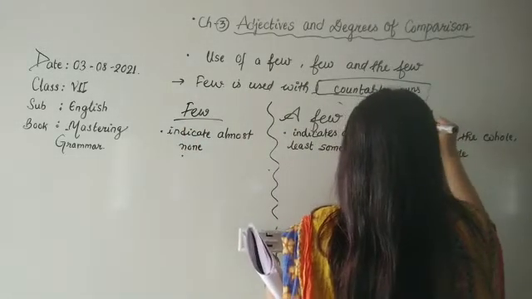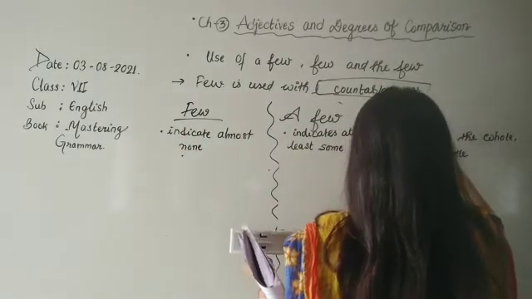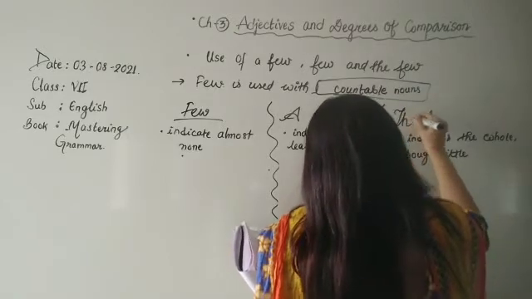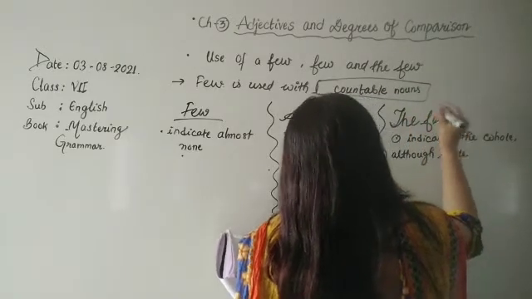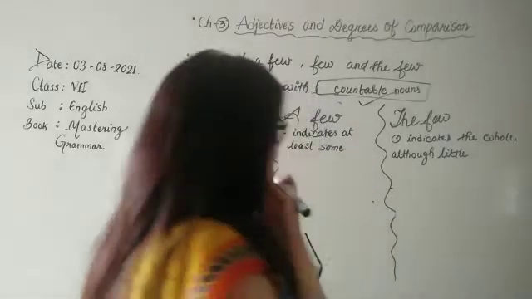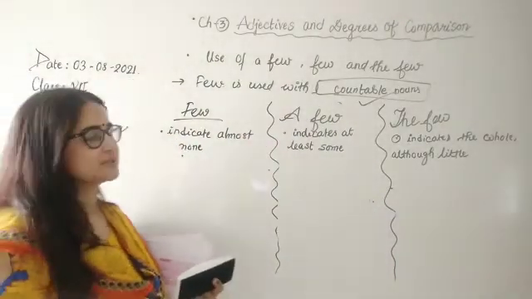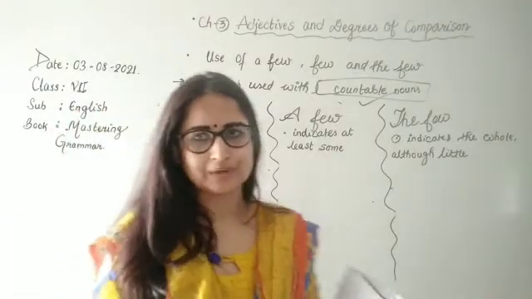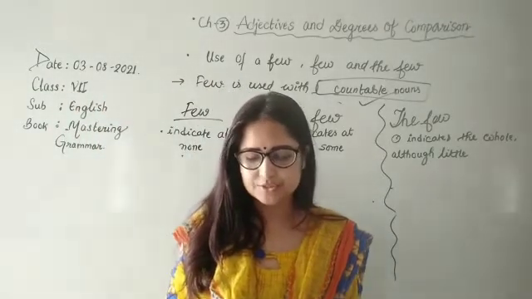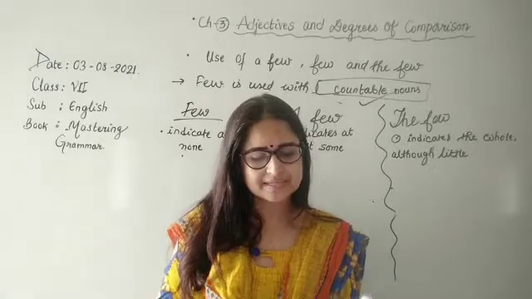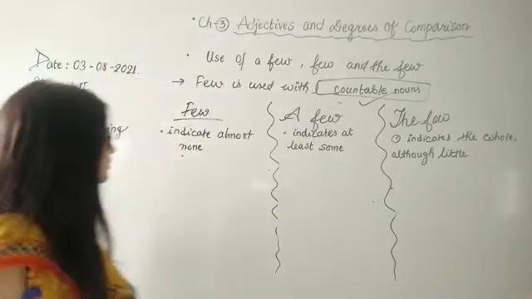Everything remains the same children, but what changes? The type of noun we are using these words for. Little is used for uncountable, few is used for countable nouns. Okay children? So same thing, let's see through examples.